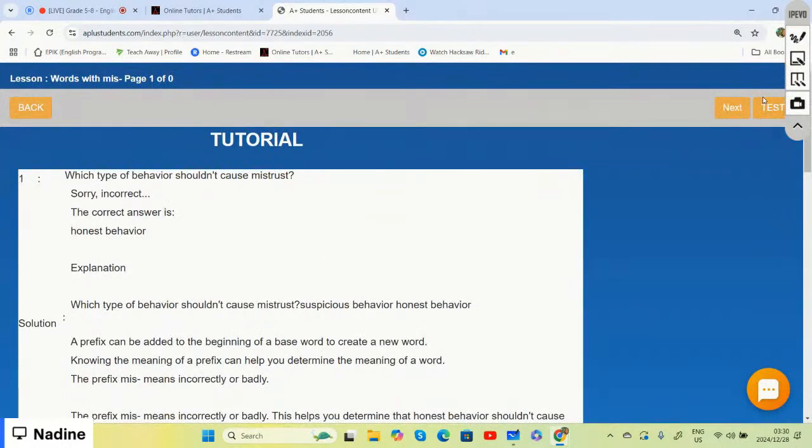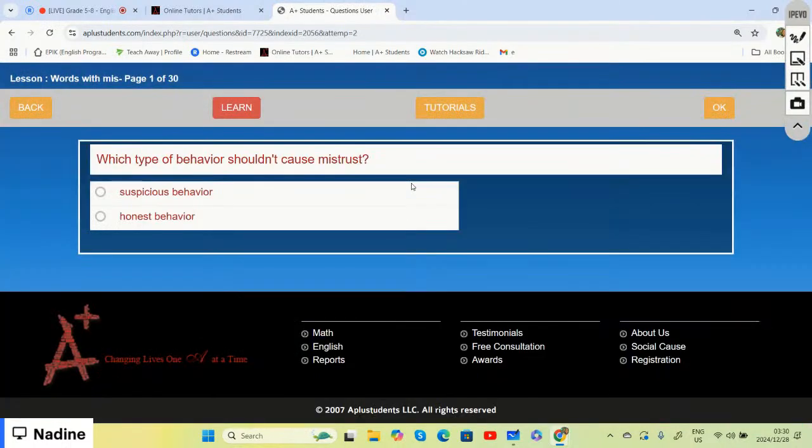All right, so now we're going to our test where we are going to look at words with miss. All right, so which type of behavior shouldn't cause mistrust?